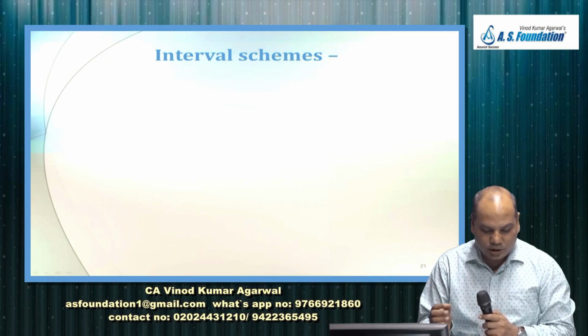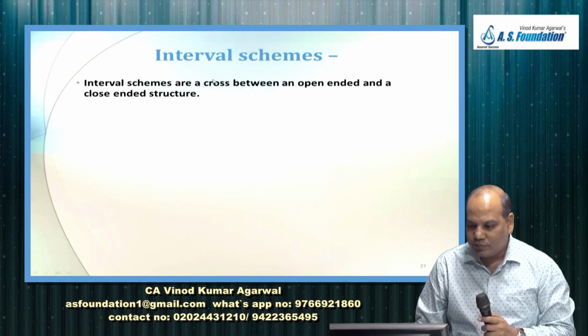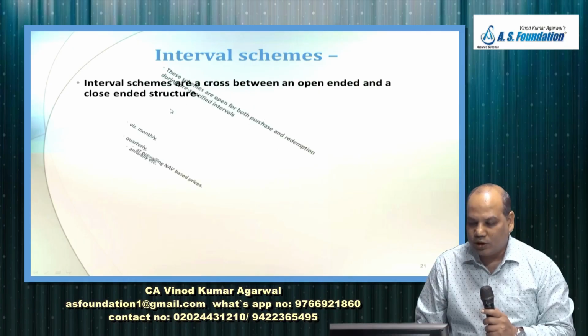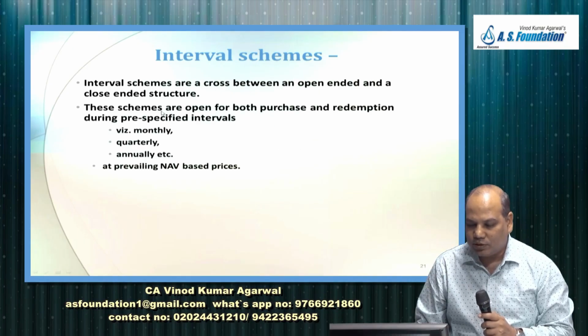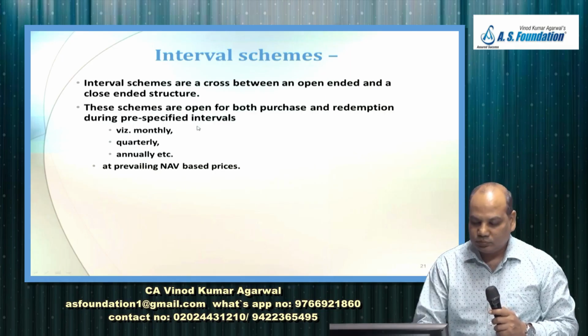Now what are interval schemes? Interval scheme is something new. It is a cross between open-ended and closed-ended scheme. So how does it work? These schemes are open for both purchase and redemption during pre-specified intervals.